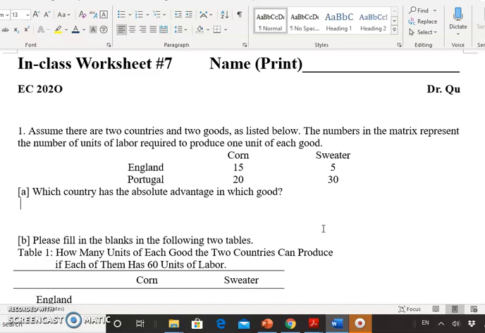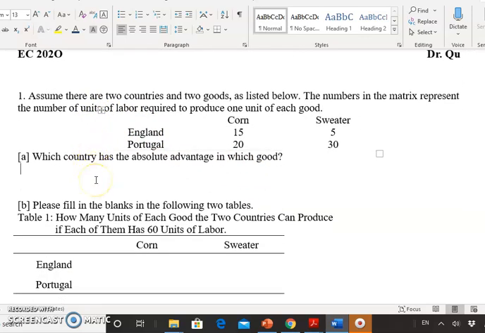And so here, let's start with these. We're assuming that there are 2 countries, England and Portugal, and the numbers in the matrix represent the number of units of labor required to produce 1 unit of each good. So here, 2 economies, England and Portugal, and 2 goods, corn and sweater.